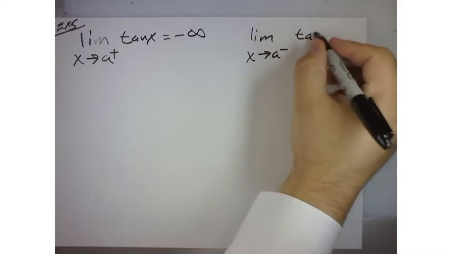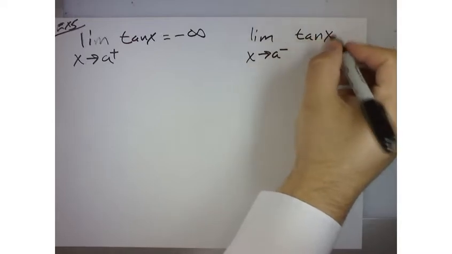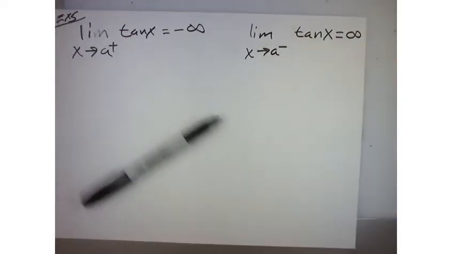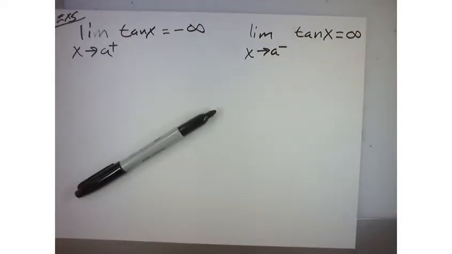So this is different. Now they're telling us what they want the limit to be, but they're not telling us what the x value is.